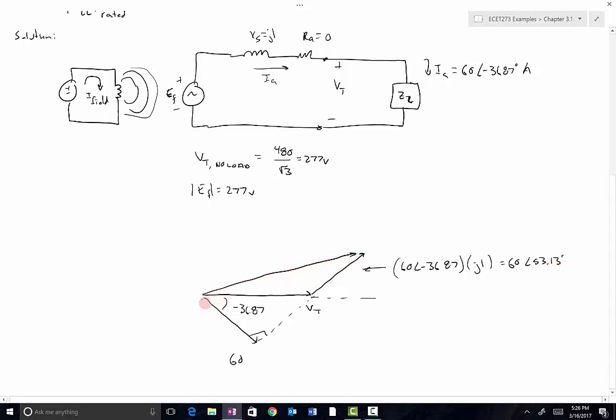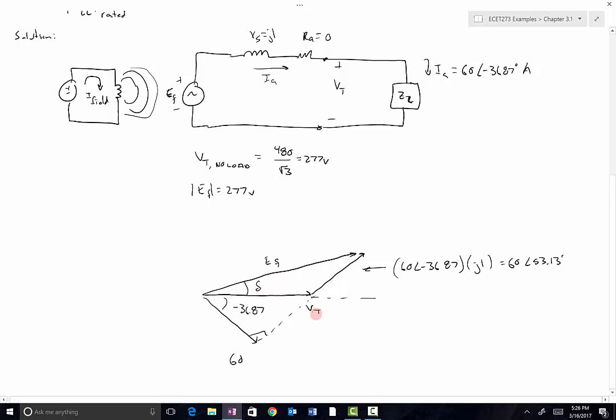And if I connect those two, VT right here plus the voltage drop across this element has to equal EF. So that's the phasor diagram. I'll indicate that the angle between the excitation voltage and the terminal voltage is often called the power angle, given the symbol delta. So there's the phasor diagram.